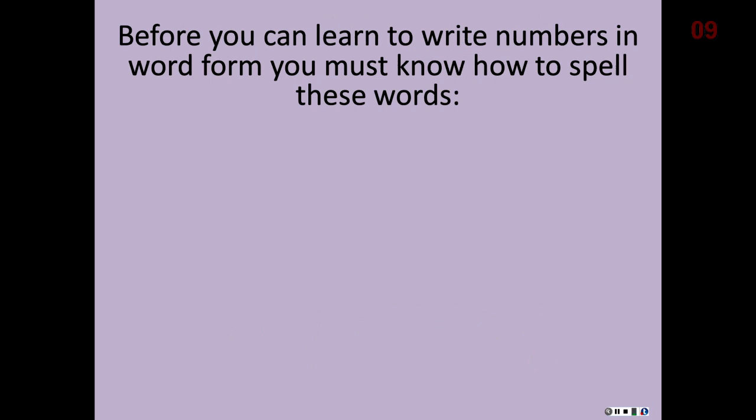Now, before you can learn to write numbers in word form, you must know how to spell these words. Now, let me ask you a question before I throw all these words up here. There are 2 words, actually 3 words, that people misspell in math. And I want you guys to tell me how to spell it before we even see it. These are three words that people misspell all the time.